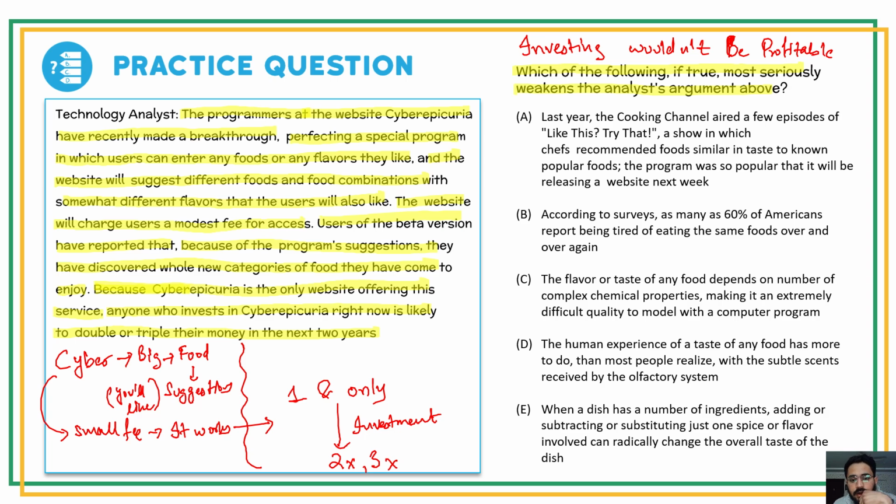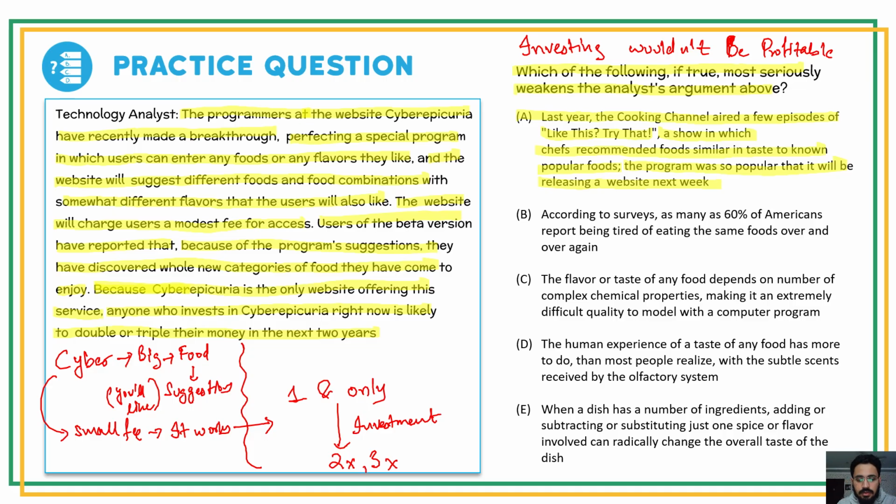All right, option A says that last year the Cooking Channel aired a few episodes of Like This, Try That, a show in which chefs recommended foods similar in taste to known popular foods. And the program was so popular that it will be releasing a website next week.